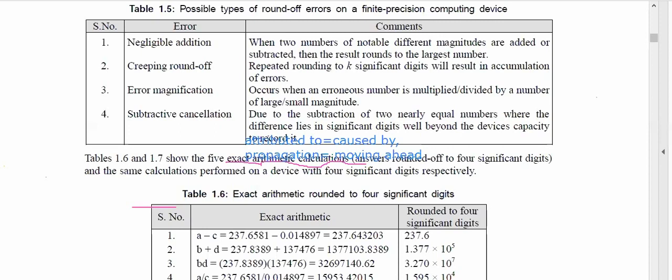Where we make the rounding? We make the rounding after certain decimal places, that is known as significant digits. 1 place, 2 place, 3 place, 4 place. So we round off. We are interested in 3 decimal places, so the 4th, 5th, all these terms will be rounded off.